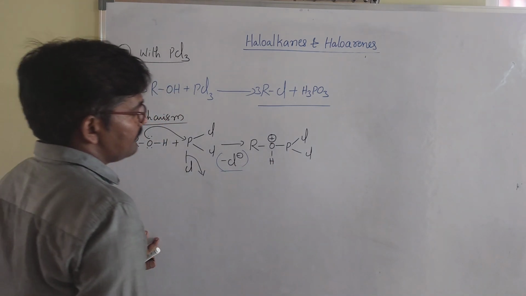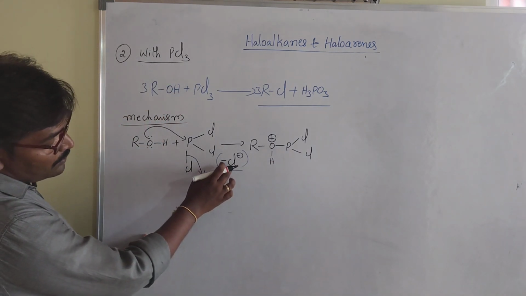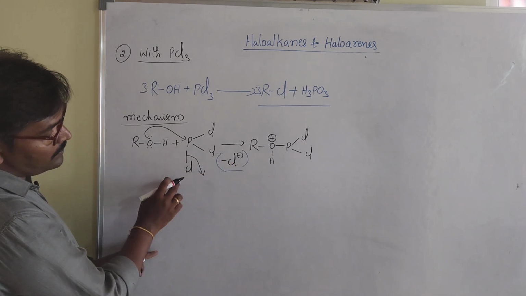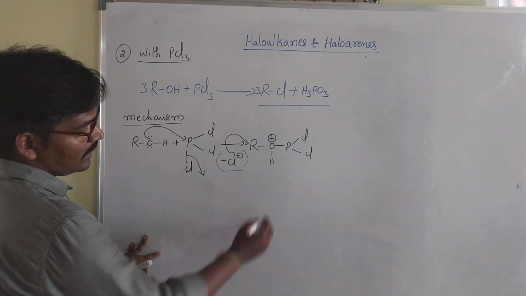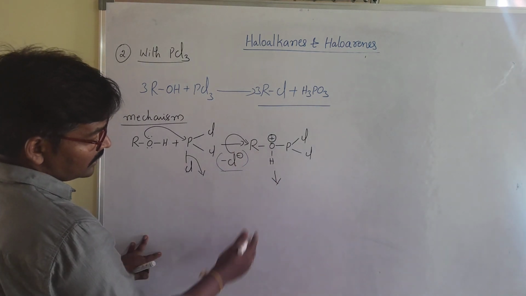Whatever Cl minus is eliminated in the first step is attacking as a nucleophile on the alkyl group from the back side.